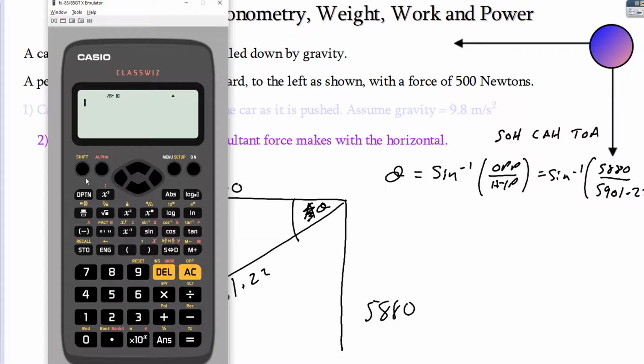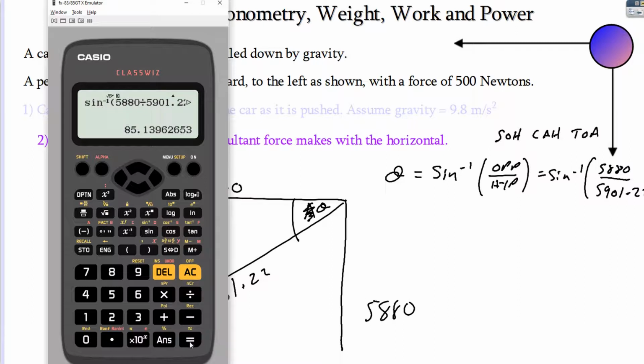I'm going to do shift and then sine 5880 divided by 5901.22. Make sure that your calculator is in degrees mode. If it's in radians mode, you need to change it. Otherwise, your answer will come out in radians.